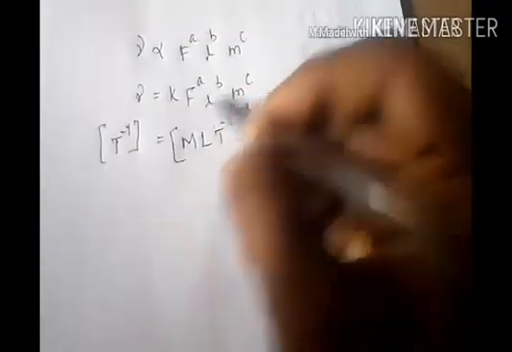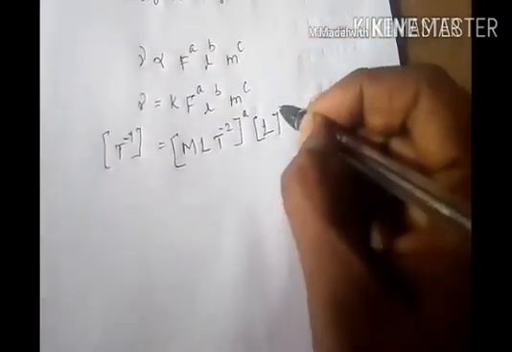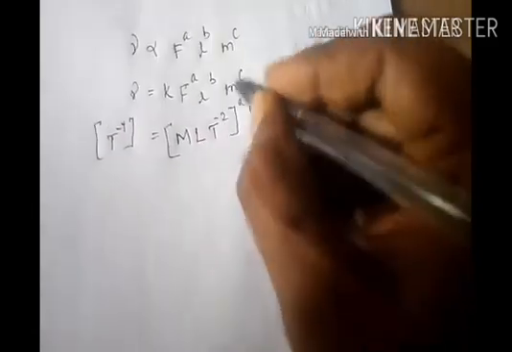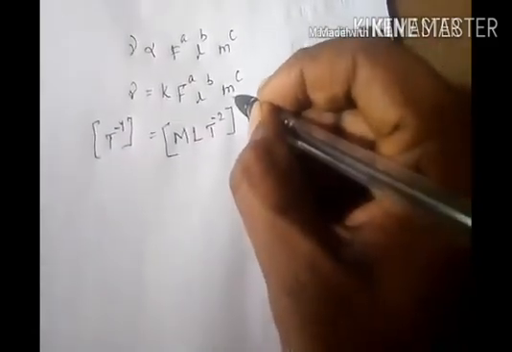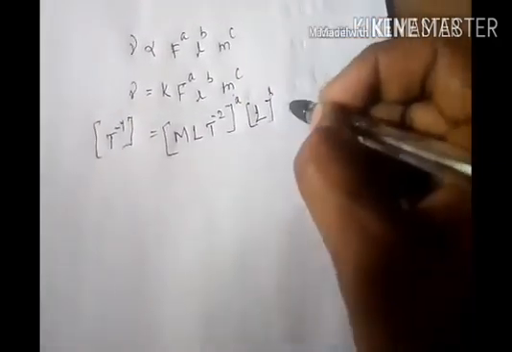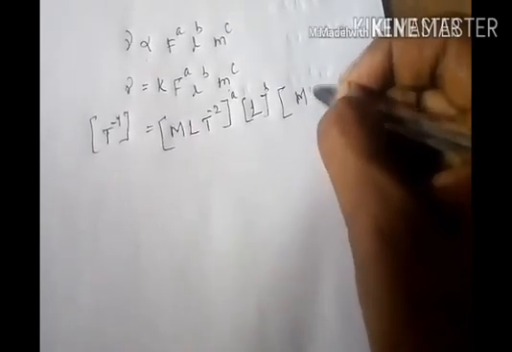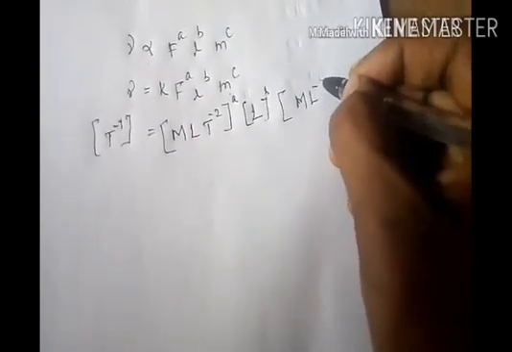Next, the length dimension is L, so here L power b. Next, this is mass by length only, so the dimension is M L power minus 1, the whole power c.